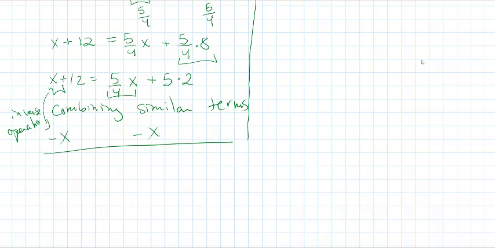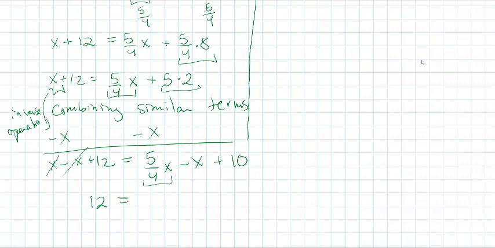So we have x minus x plus 12 equals 5 quarters x minus x plus 10, where I've done this multiplication now. Okay, so now the 2 x's on this side cancel. Although they are variable and we don't know what x is, both x's are the same, and so they cancel. So we're left with 12 on the left.